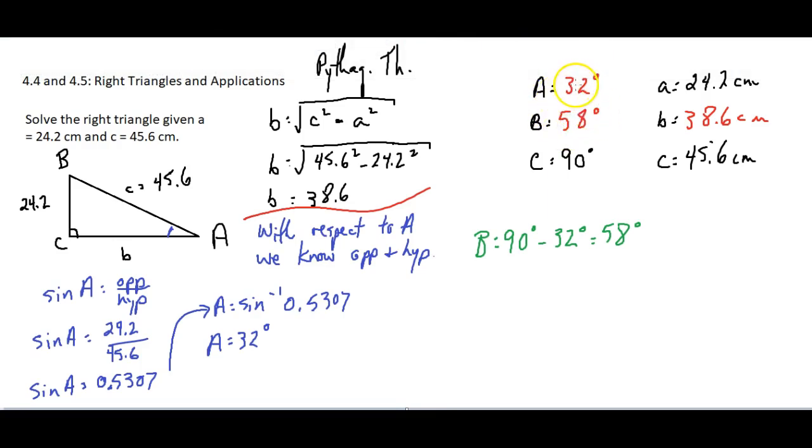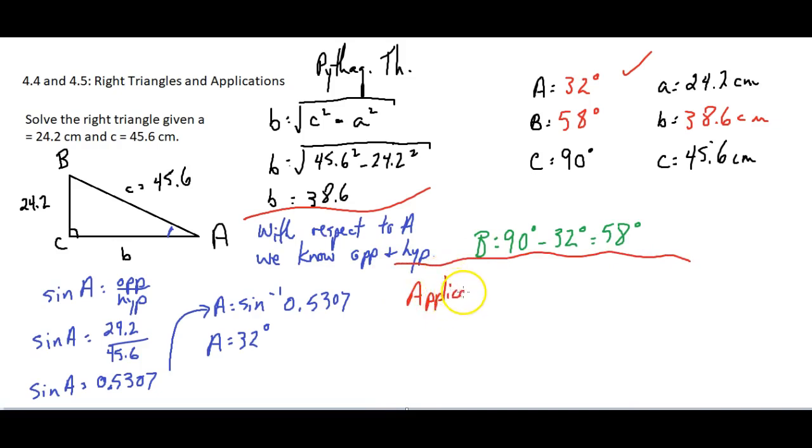Double check that we have the smallest angle opposite the shortest side, the medium angle opposite the medium length side, and the 90 degree opposite the longest side. And that makes sense.